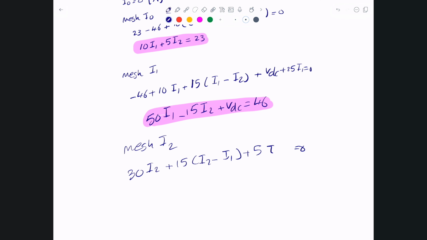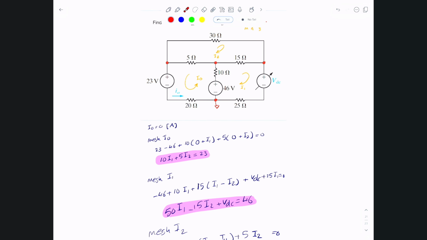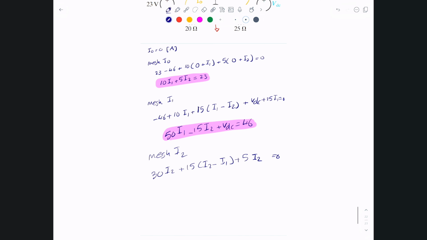Again, you can think about it this way. The I2 will be 15 and 5, that's 20, and 30, that's 50. So that will be 50 I2 and negative 15 I1. Let me write this a little bit cleaner. It will be negative 15 I1 plus 50 I2 equals 0, and that will be the third equation.